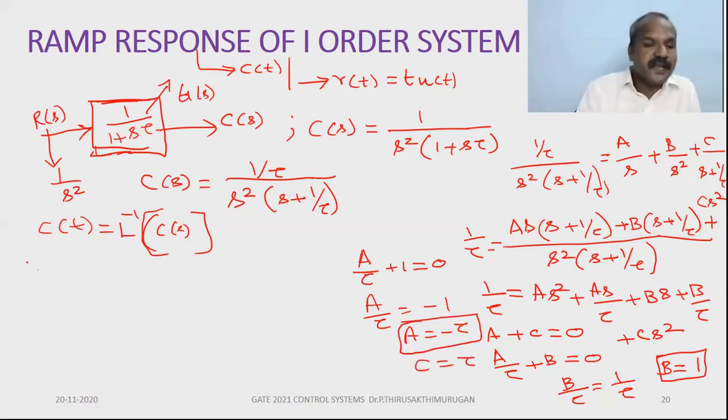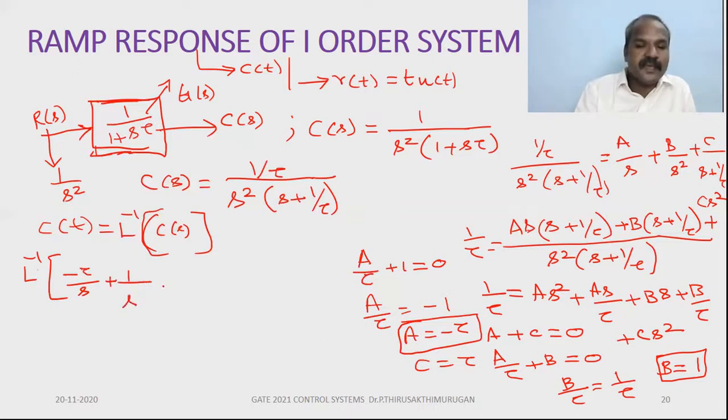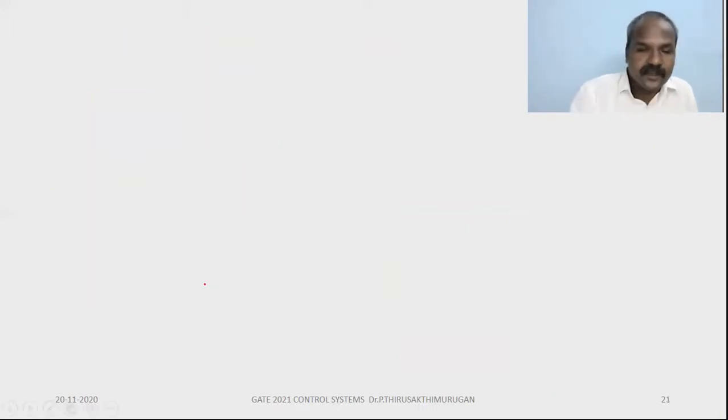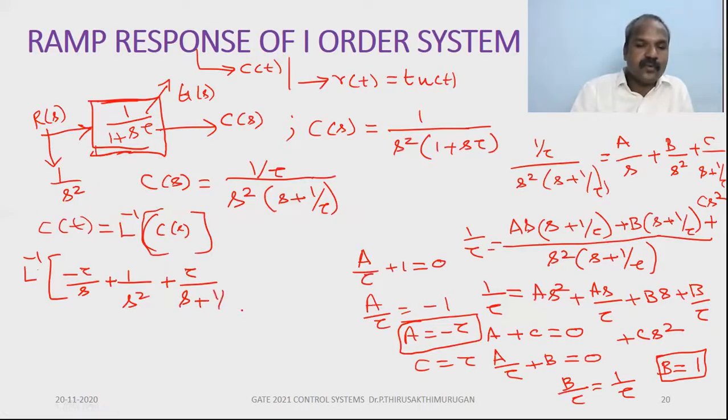So substitute here. So L inverse of, what is A? Minus tau. So minus tau by s. B is plus 1 by s square. C is, what is C? Plus tau by s plus 1 by tau.